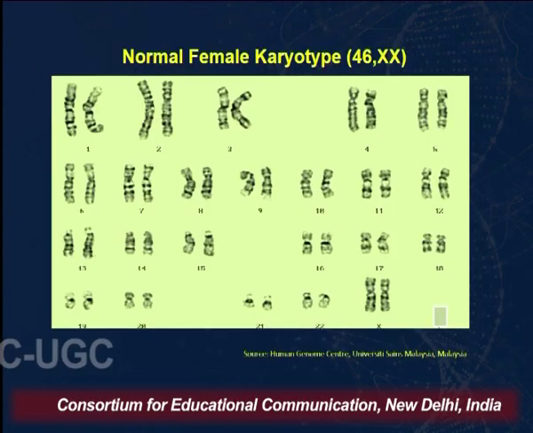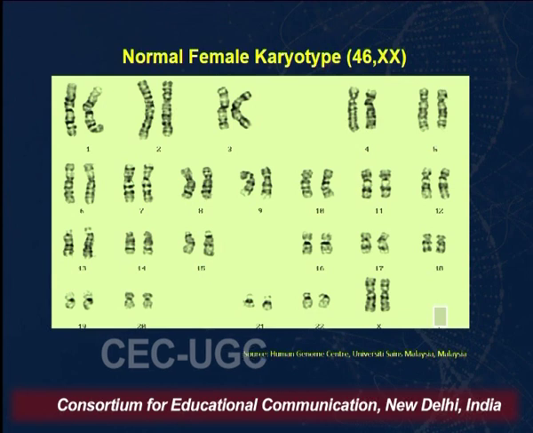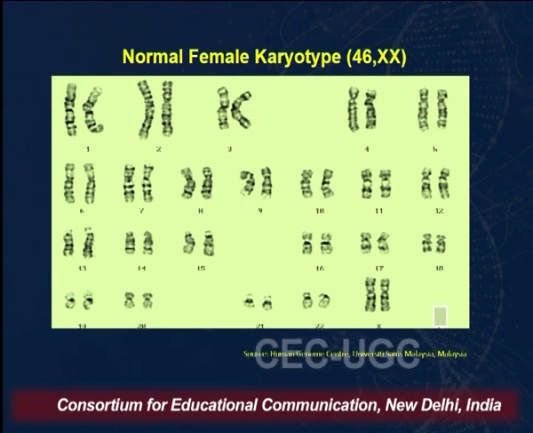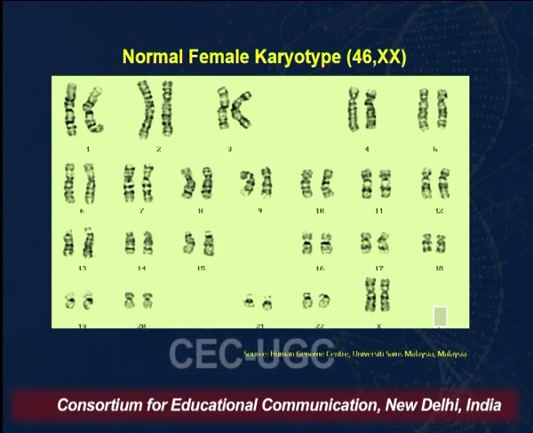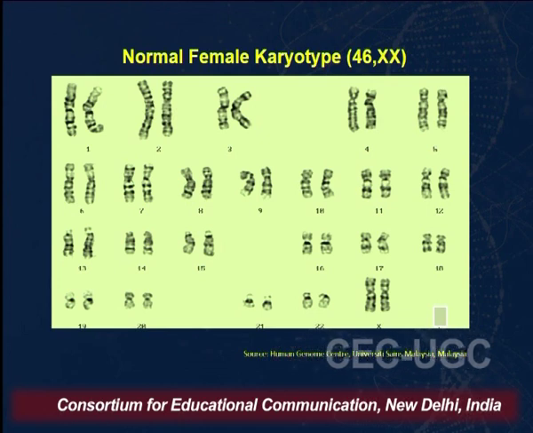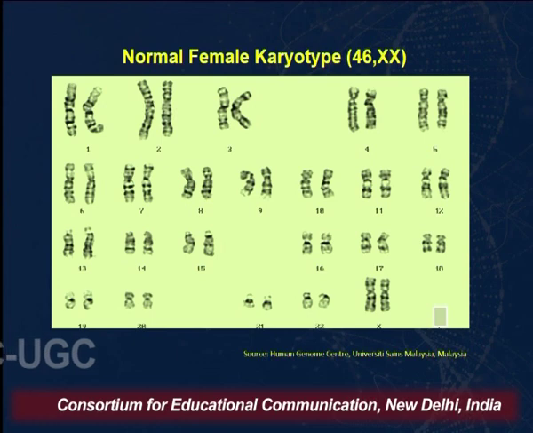Now, this is the karyotype of a normal female present over here. So, the 46 chromosomes are present if we see, and there are 2 X chromosomes. So, in total there are 46 chromosomes, in which the first 22 pairs are called the autosomes and the last pair is called the sex chromosome.